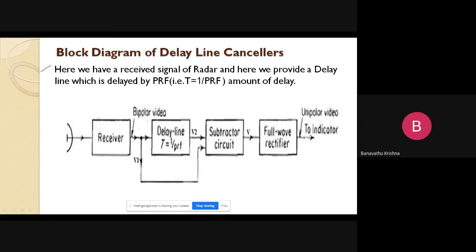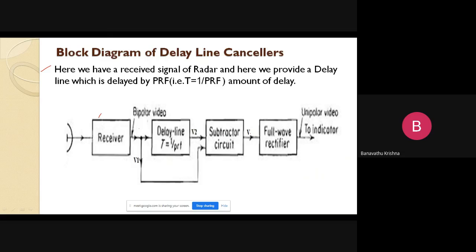The received signals are received at the radar receiver station, and that signal is applied to the delay line. After that, we subtract these two signals by using the subtractor module, and finally we get the absolute response, that is V.